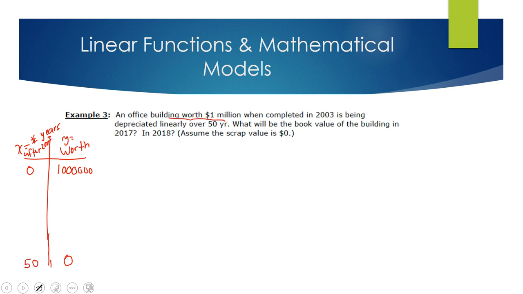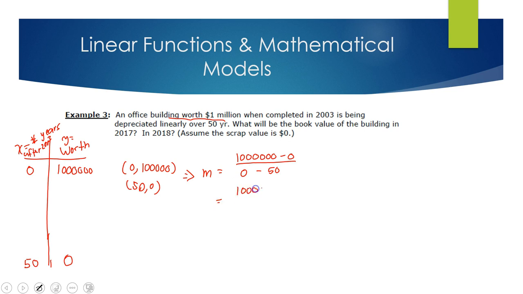So basically we have two ordered pairs. We have (0, 1 million) and we have (50, 0). I want to get a rate of change. A rate of change is just another name for a slope. So the slope is going to be 1 million minus 0 over 0 minus 50.